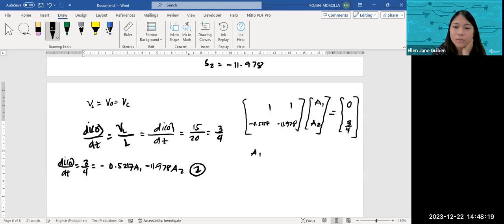Okay, find the value of your A1, A2. Okay, the answer is 0.0654, negative 0.0654.